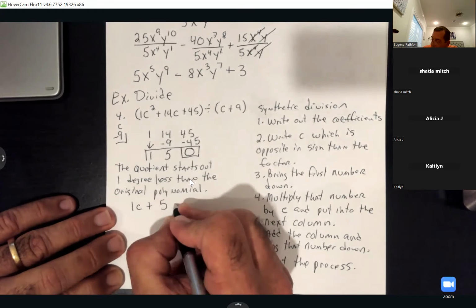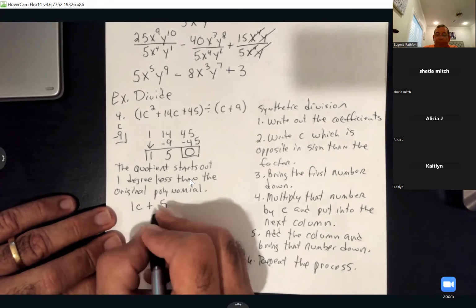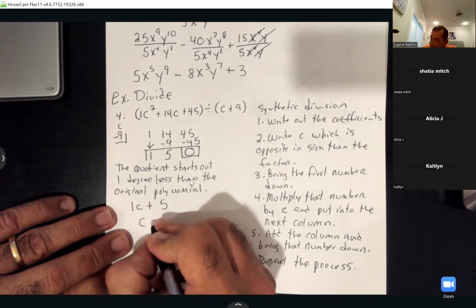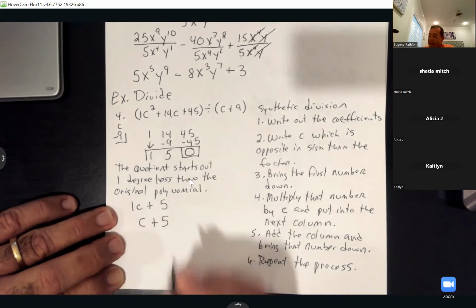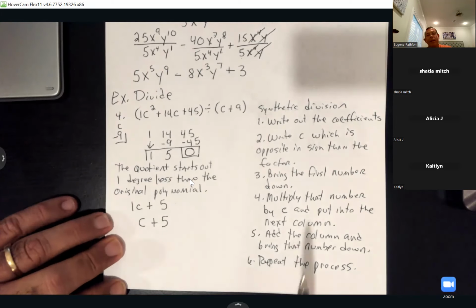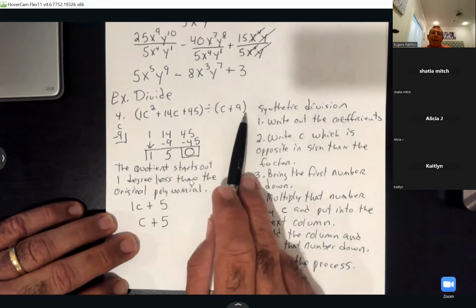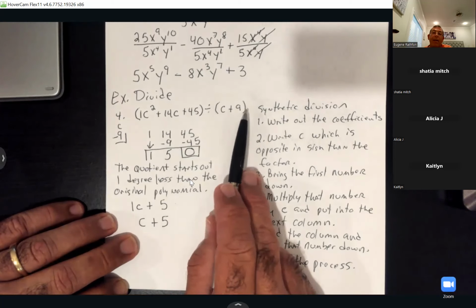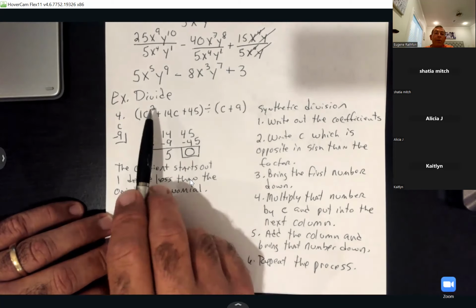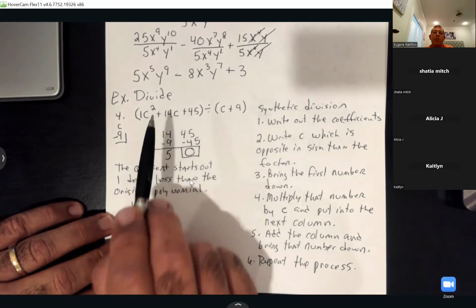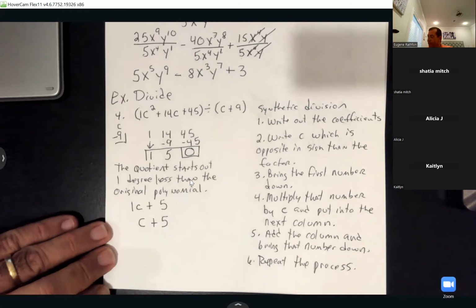Now, in MATLAB, instead of 1C plus 5, I'll probably just put C plus 5. Remember, if you take this answer and multiply by that C plus 5 that we divided by, you will get back to the original polynomial.